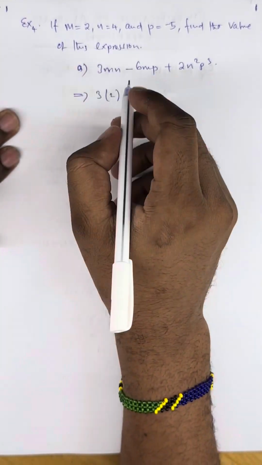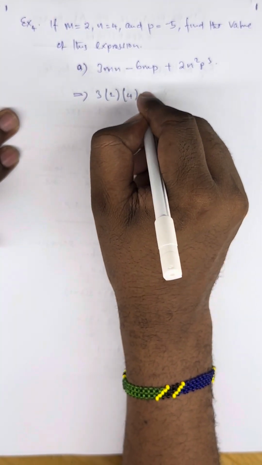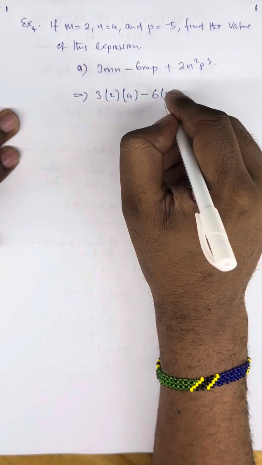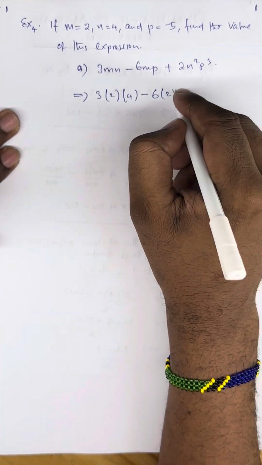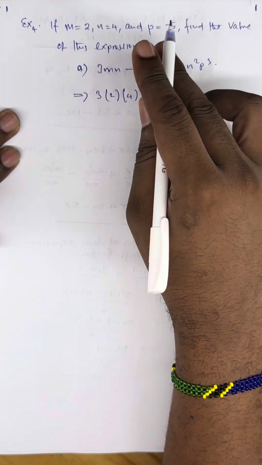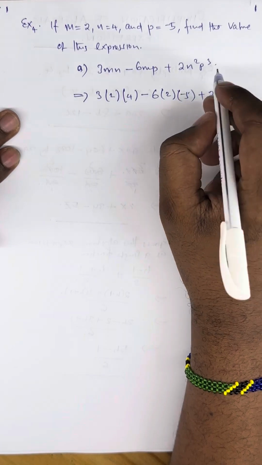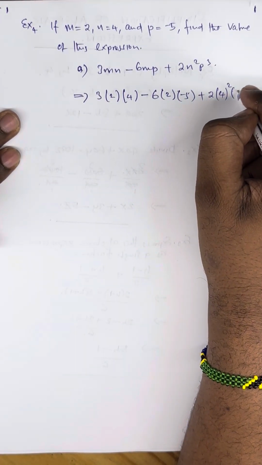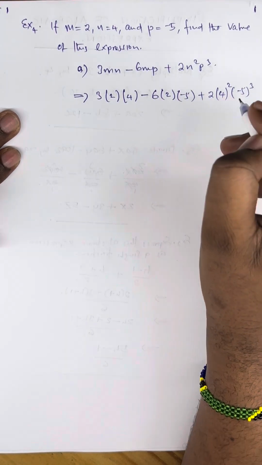What is the value of n? N is 4. Then minus 6mp. So 6 multiply, what is the value of m? It's 2. What is the value of p? It's negative 5. Plus 2n square, so it will be 2 bracket, what is the value of n? It's 4 square, bracket p, it's negative 5 cubed.